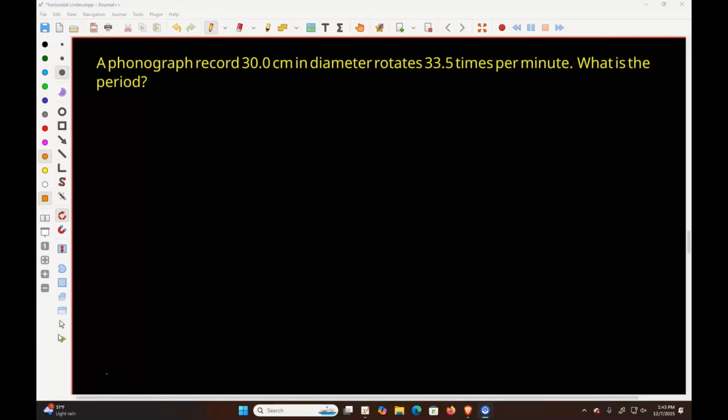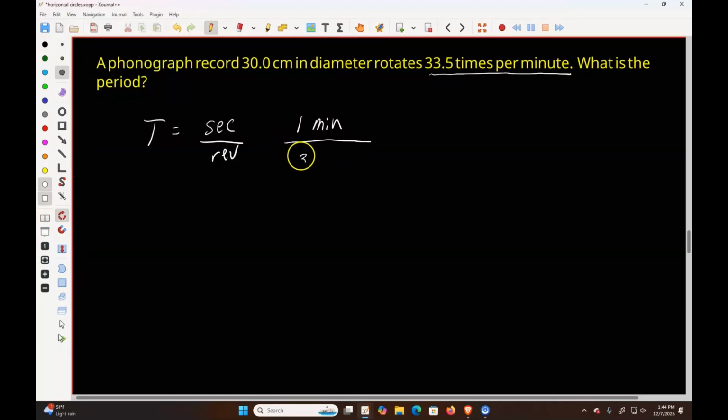In the second problem, we have a 30 centimeter disc rotating at 33.5 times per minute. What is the period? Okay, we know that the period is equal to the number of seconds per revolution. The time will go on the top, so I have 1 minute on top. And revolutions will be 33.5 revolutions.